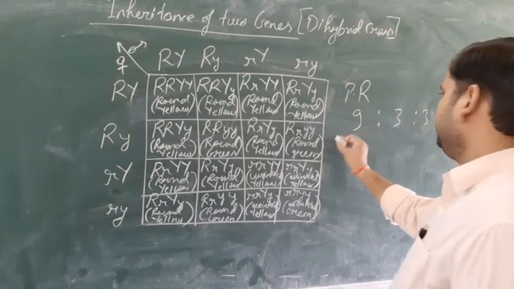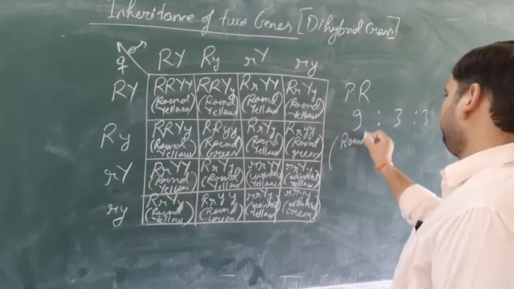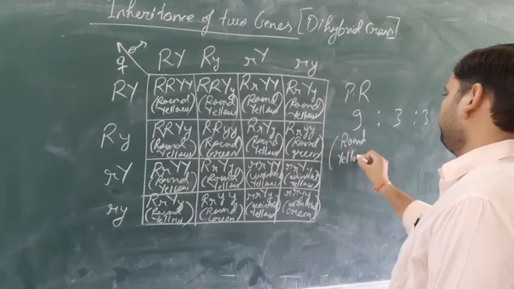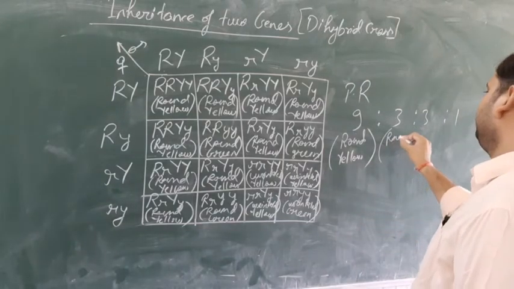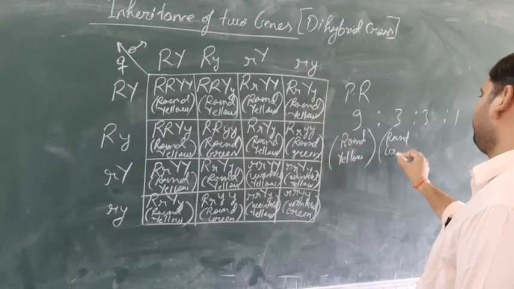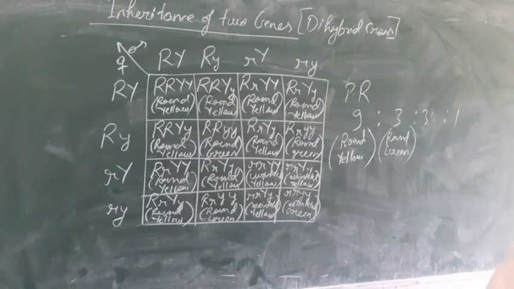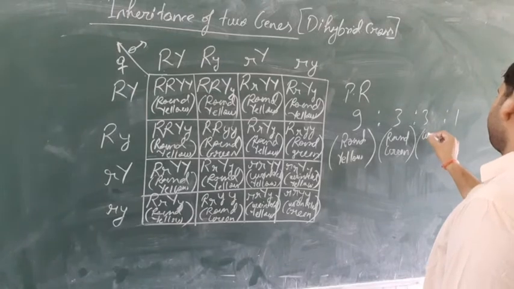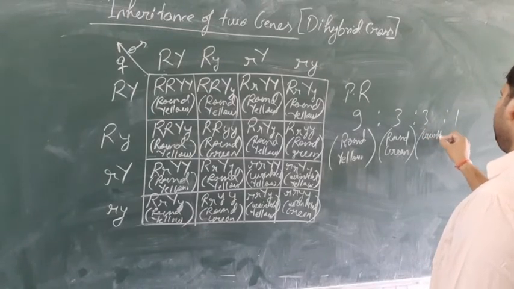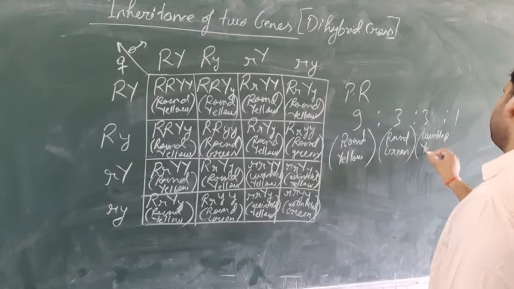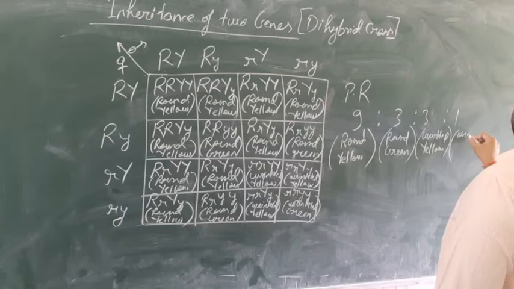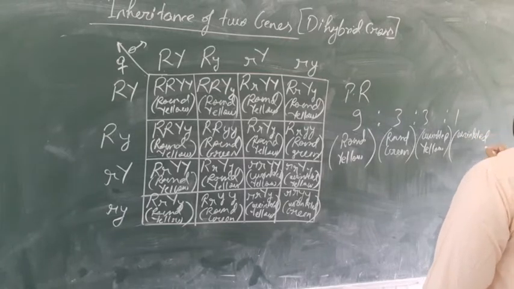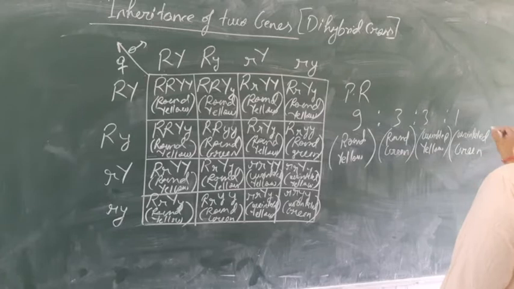And in that, 9 will be round yellow, 3 will be round green, 3 will be wrinkled yellow, and 1 will be wrinkled green.